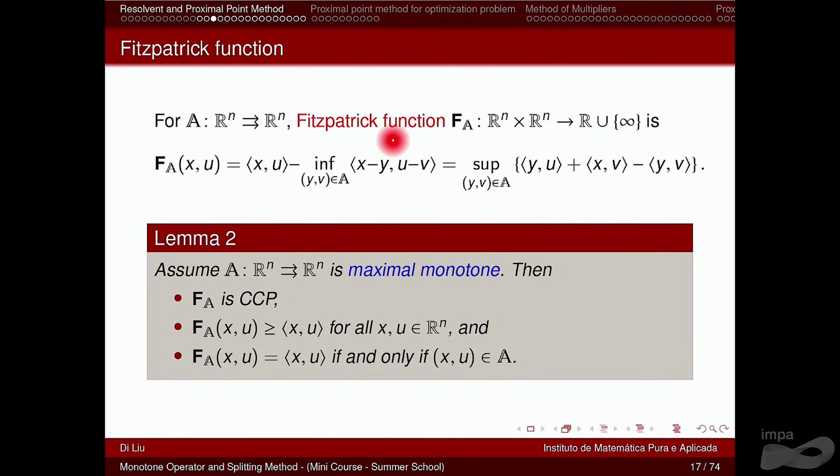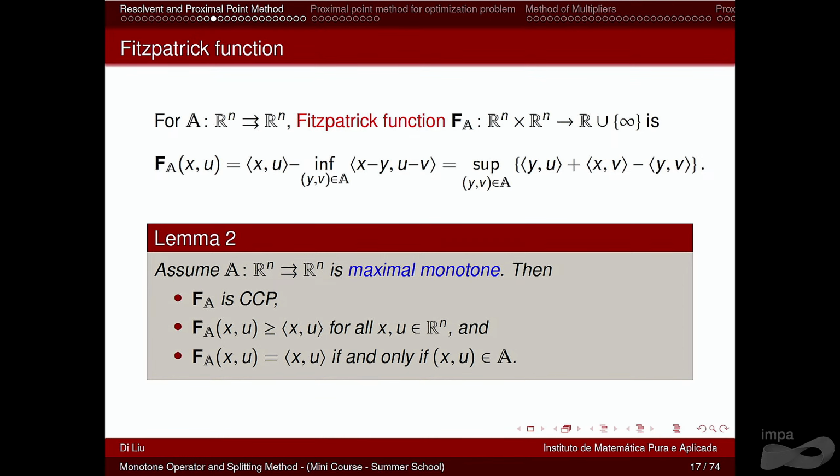If F is CCP, we have a lot of good properties: it has a subdifferential in the relative interior of the domain, and the subgradient of a CCP function is also maximal monotone. The second is that F_A(x,u) is greater than or equal to the inner product of (x,u) for any (x,u) in the whole space, and it equals the inner product for any (x,u) belonging to A.